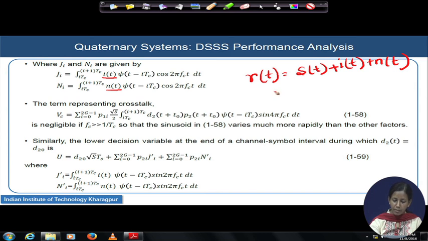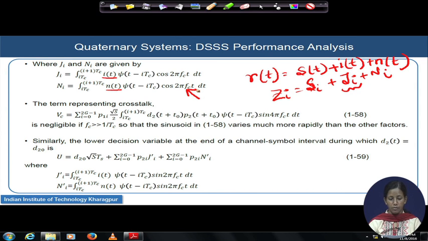Inside ZI the corresponding terms are SI plus JI plus NI. The expression of this JI after despreading operation we can write like this, and after despreading the despread noise can be written like this, and FC is our transmission carrier frequency.